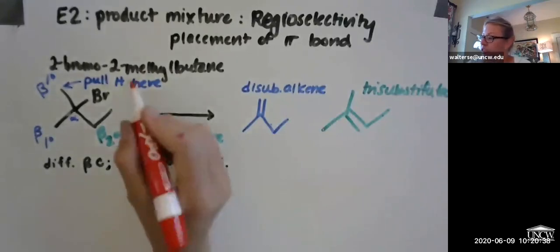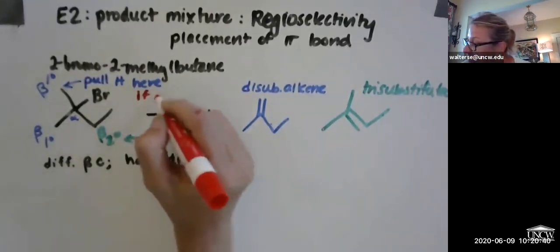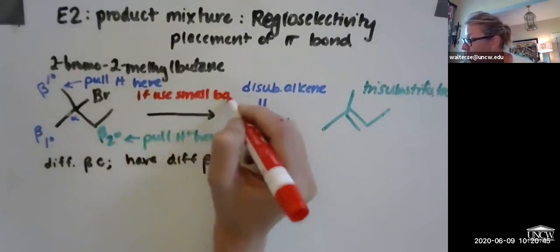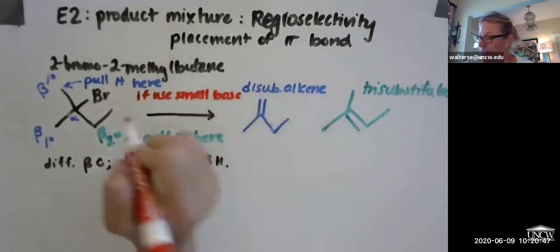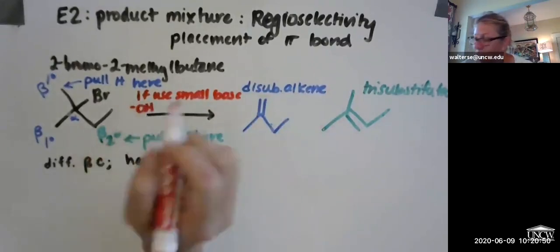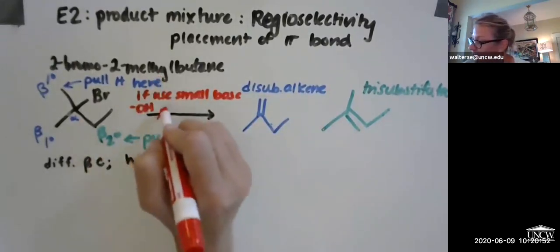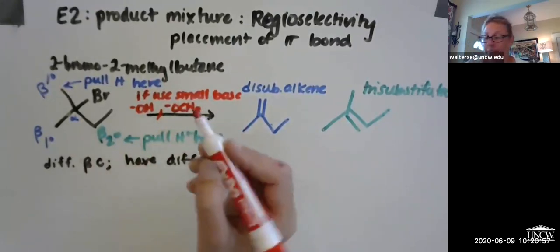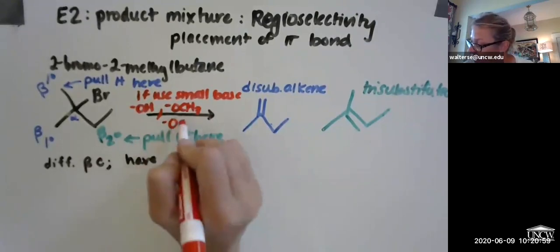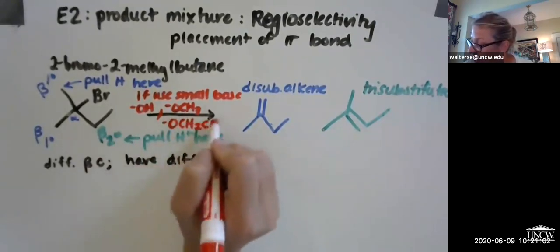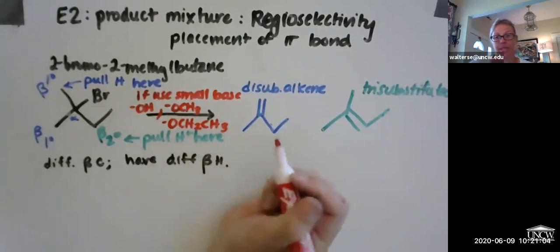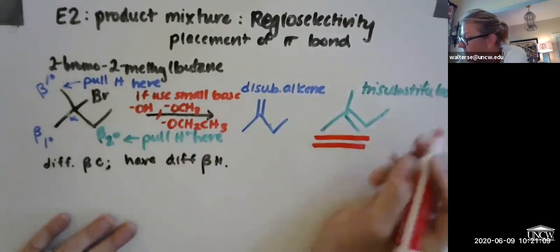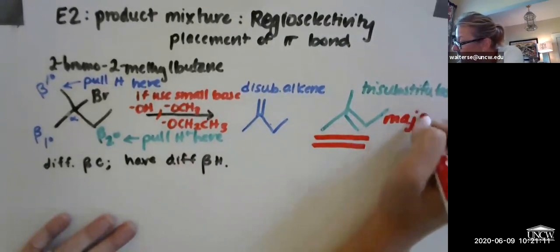Now, if you use a small base, small in size, like hydroxide, methoxide, OCH3, or ethoxide, OCH2CH3, then this is your major product.